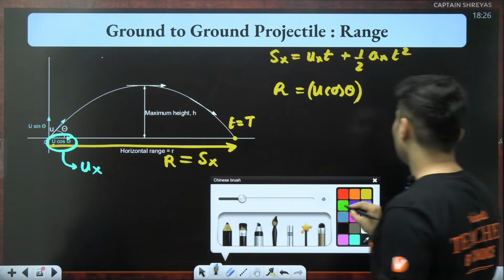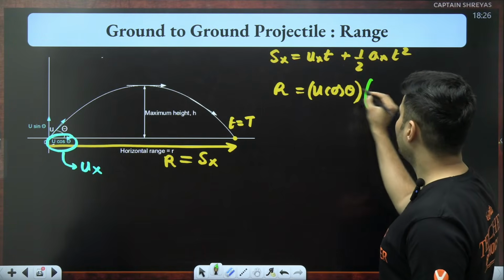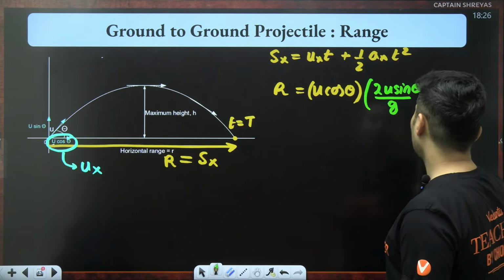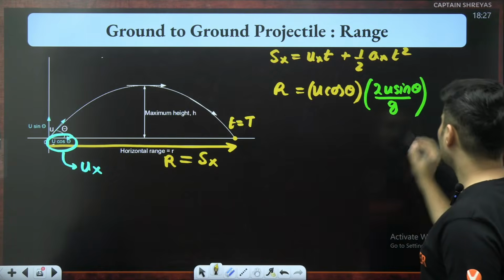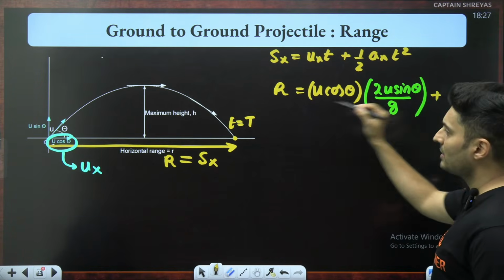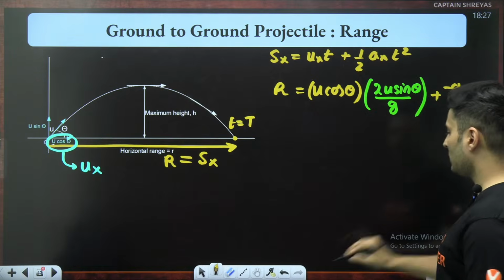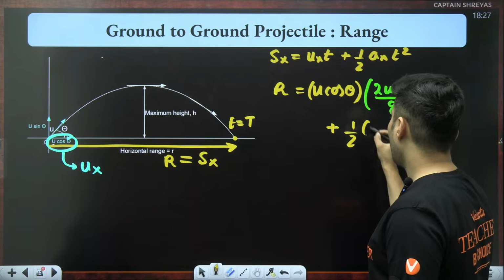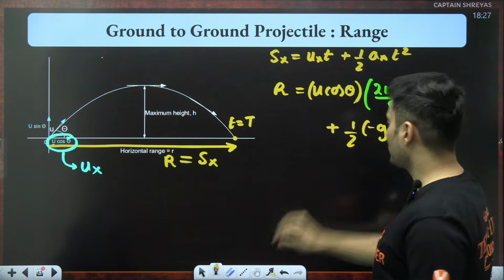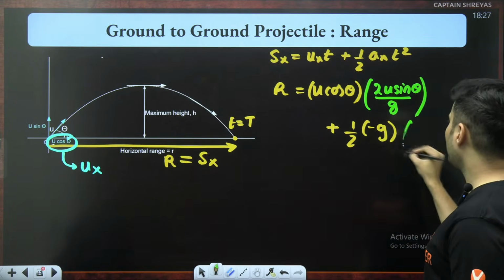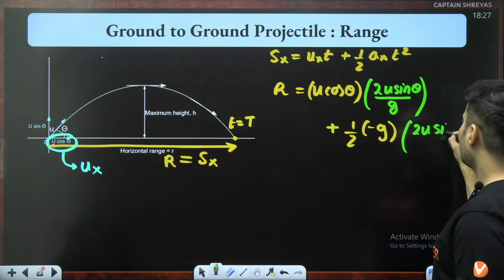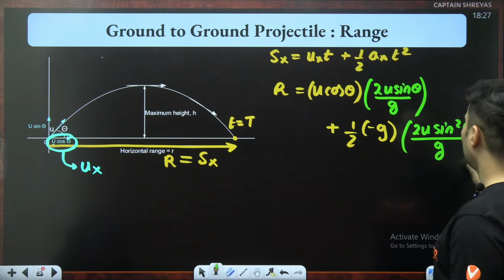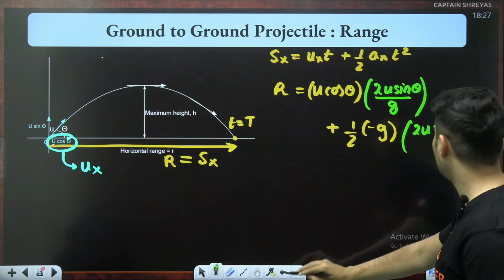So use the time from the previous slide, which is 2u sine theta divided by g, and plus acceleration is negative g. So minus, I'll just put it on the next line, plus half into minus g into time square. That means 2u sine square theta divided by g, 2u sine theta by g whole square.